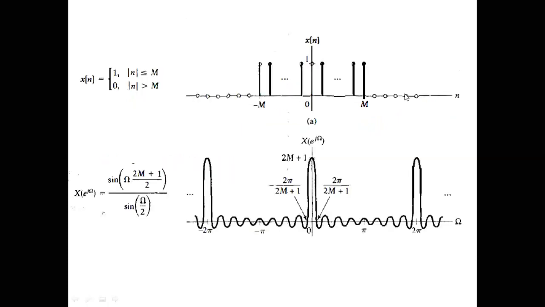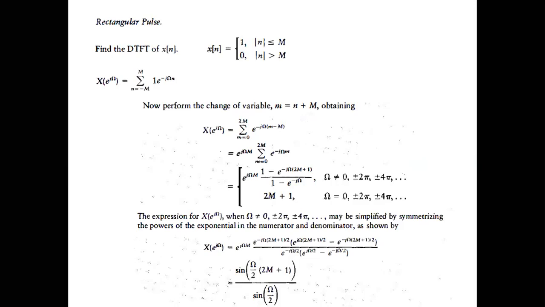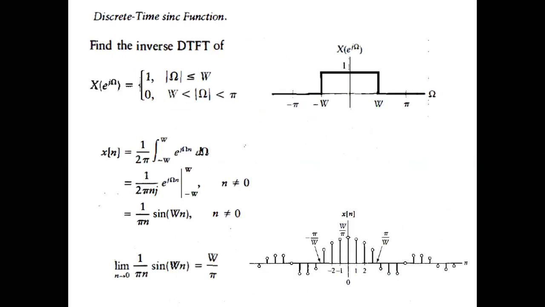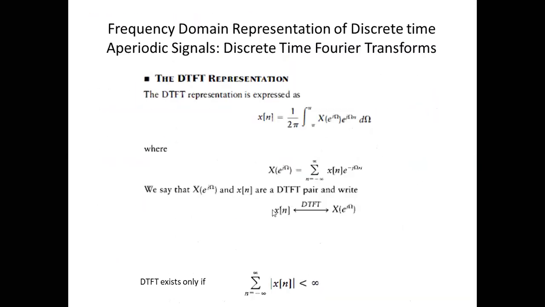By the way, did you observe the similarity between the DTFT and the Z transform? Was the Z transform periodic? What was its nature? The Z transform also existed for discrete time signals. Do you remember the Laplace transform?